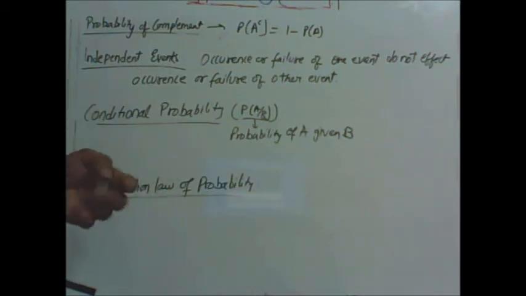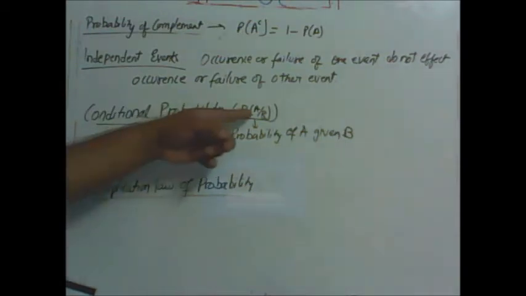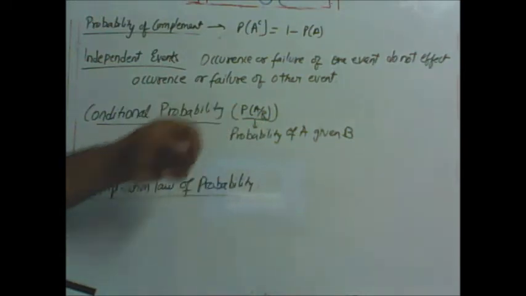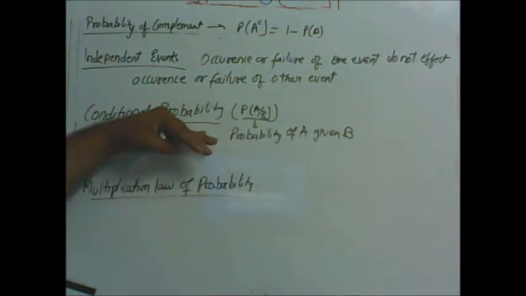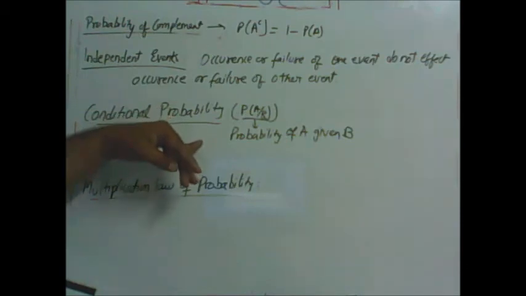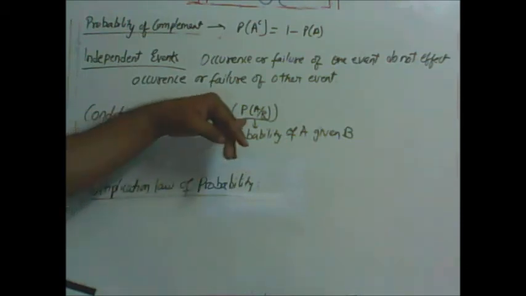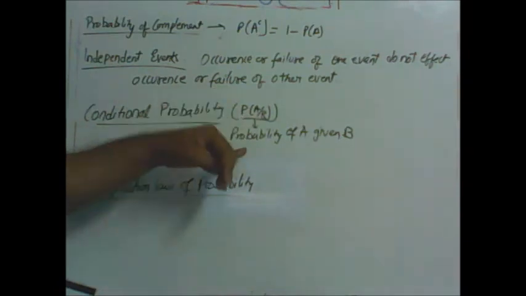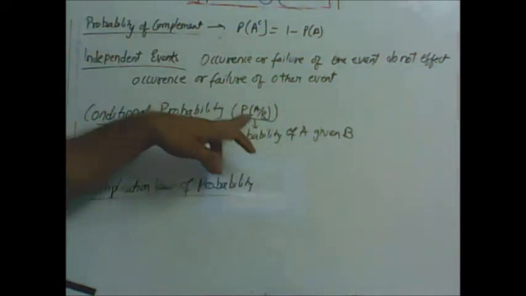Sometimes they may be dependent. For example, the probability of A can depend on the occurrence or failure of B. So in those cases, we derive the concept of conditional probability, which we write as P of A by B, the probability of A given B.